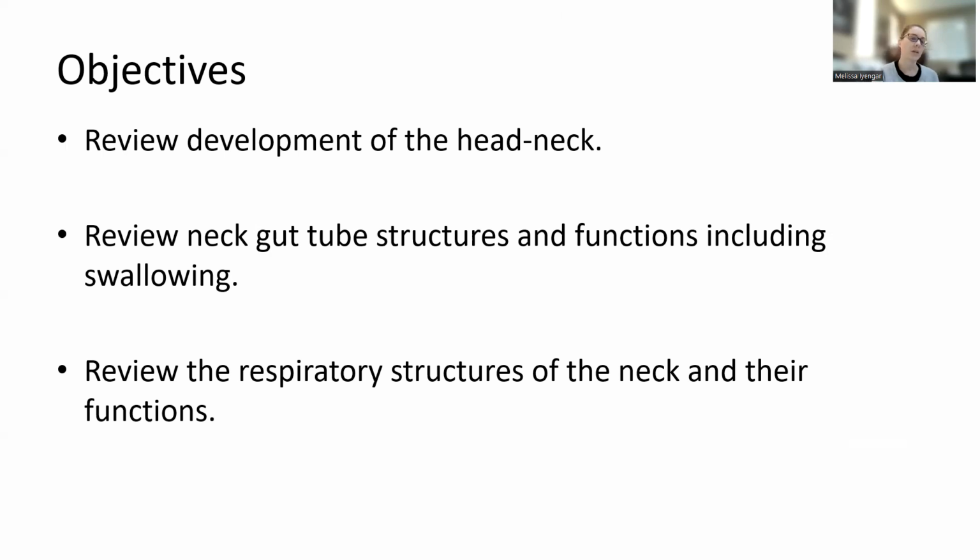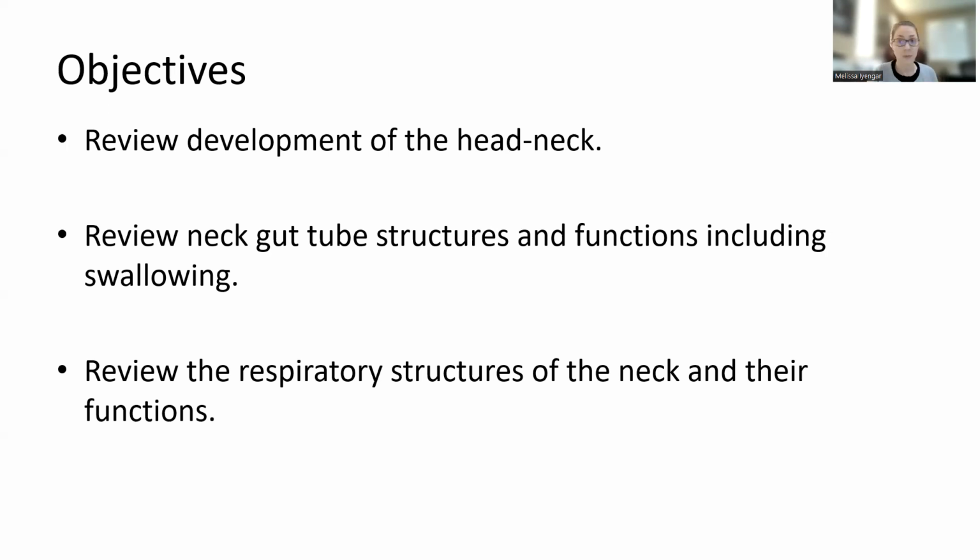And then I'm going to go over gut tube structures and functions, including what is the process for deglutition, which is also known as swallowing. I didn't put any of those muscles on this so that you guys go back and look at those muscles again on the other YouTube videos. And lastly, we'll look at respiratory structures.